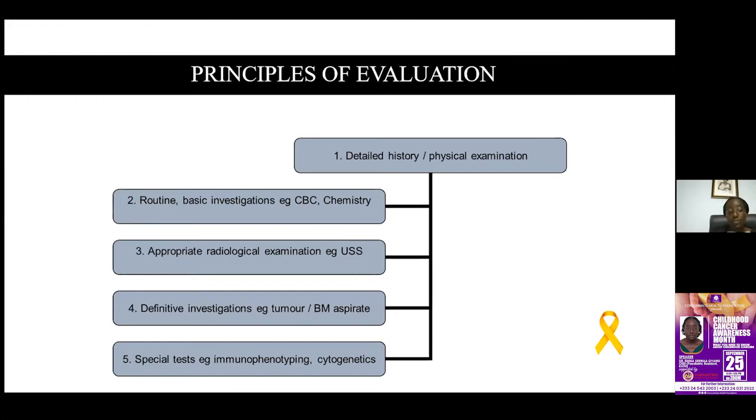Some definitive investigation would be bone marrow aspirate, especially from your initial investigation. If you are suspecting leukemia, you want to do a bone marrow aspirate to look at the marrow. You may also want to do, in cases of lymphoma, take a lymph node biopsy, or in solid tumors, you want to take a biopsy to ascertain the type of tumor that is present.